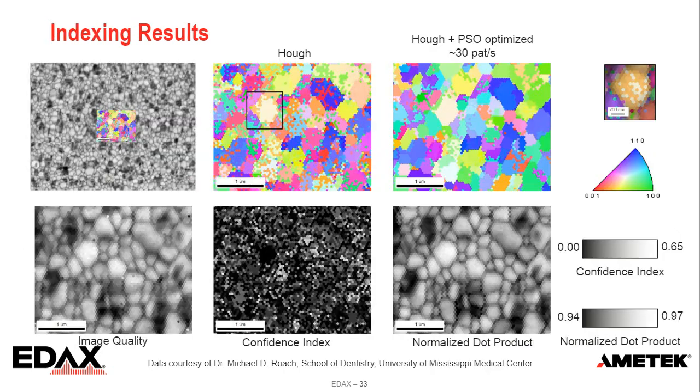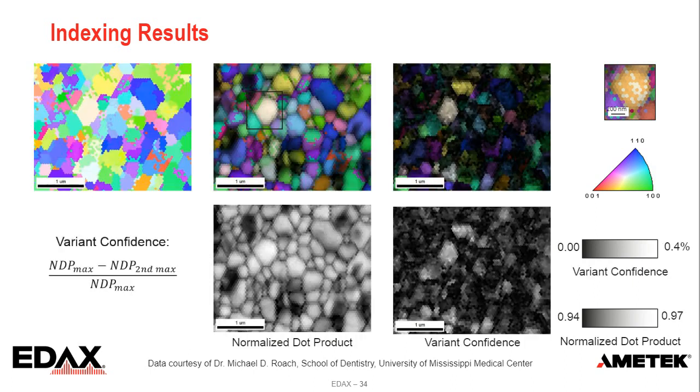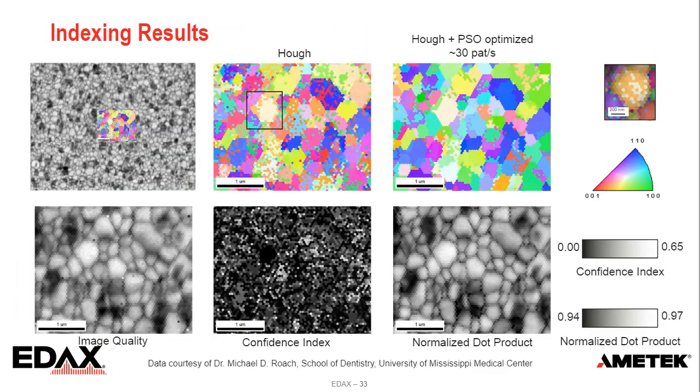So you can instead just do the particle swarm approach. Here's a little patch from the center of that data set in the center column, showing the pseudosymmetry issues in the Hough index. And if you do the Hough index and then do a particle swarm optimization on the orientation that was indexed using the Hough indexing, and the same thing for the two pseudosymmetric variants, and then pick the maximum dot product, you end up with a much cleaner result.